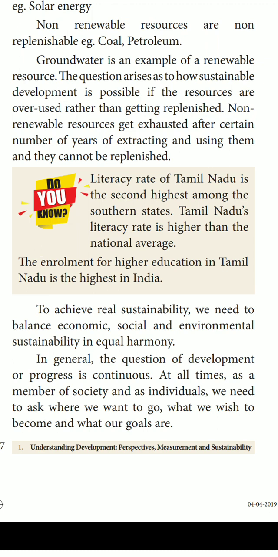Often we are asking where we want to go, what we want to do, and what we want to become after completing our studies. So in order to achieve this real sustainability, what are the things we need? Balance economic, social and environmental. These are the three things we need in order to achieve real sustainability.